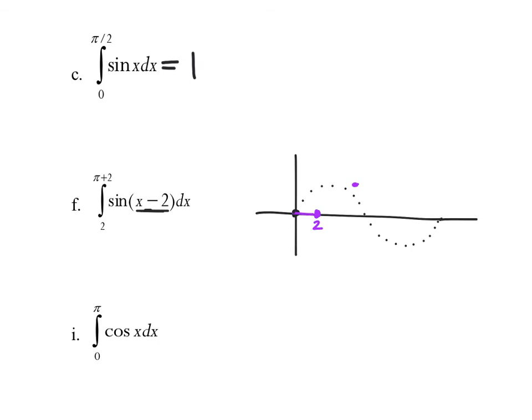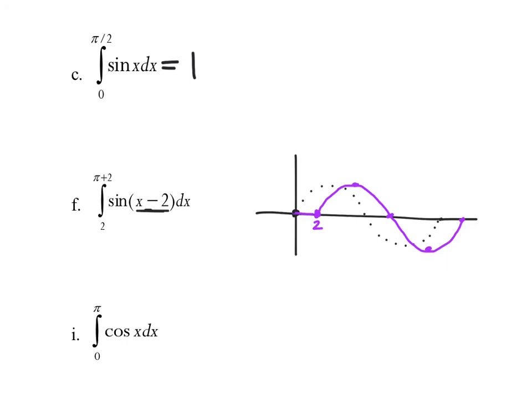Instead of having a max at pi over 2, it's pi over 2 plus 2, and then pi plus 2 for the midline, and so on. So it's going to look something like this. All right, so what I get from this is that it's the same sine function, just shifted over.